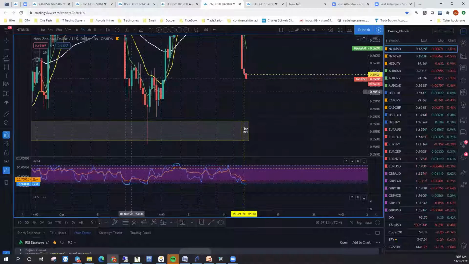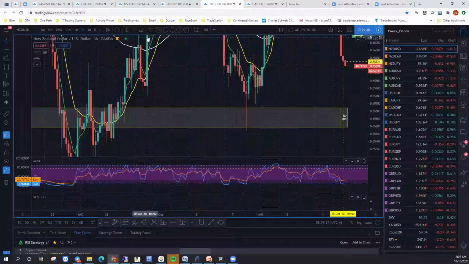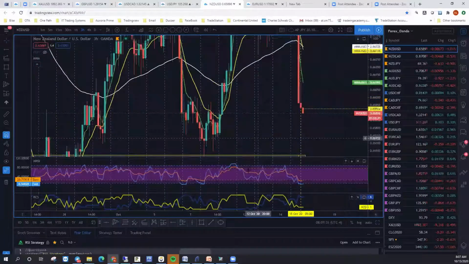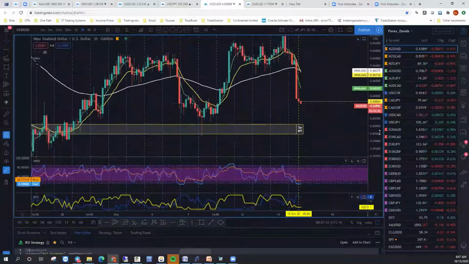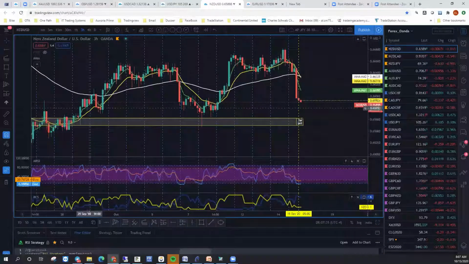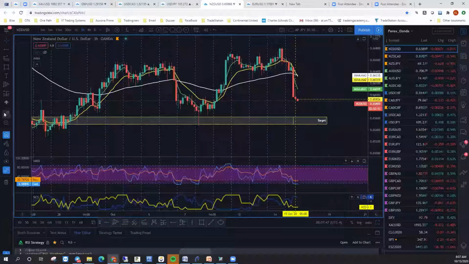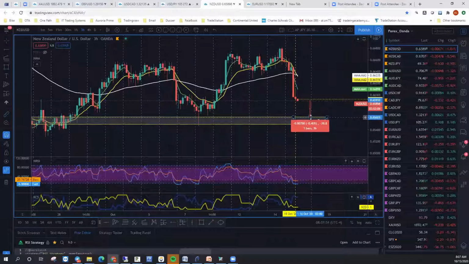We had a nice move up, came back down, retested this area, went way back up again. This area is where you have a hit here, you have a hit here. Probably a good chance it's going to come down to this area to retest. And from a price standpoint, that's about 30 pips.